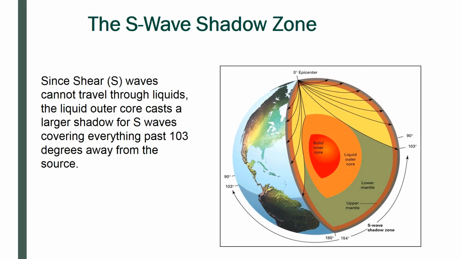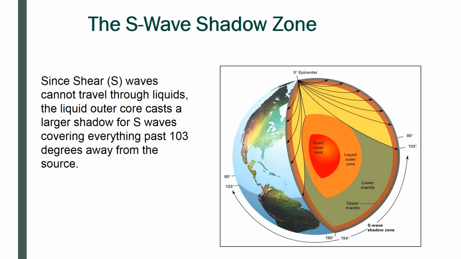So the nice thing about studying earthquakes is that we have discovered the liquid area in the earth by using something called the S-wave shadow zone. And what does it mean, S-wave shadow zone?